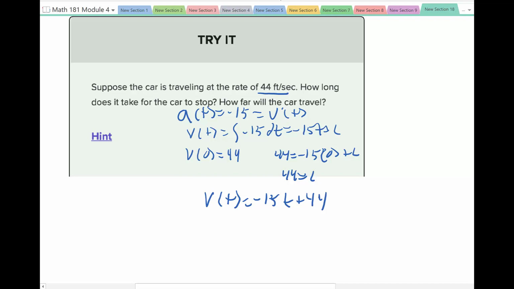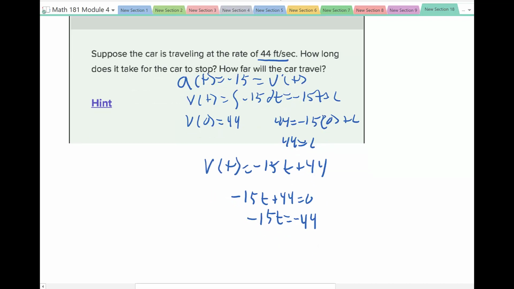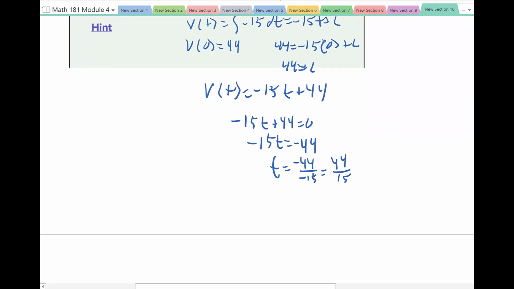Now if we're trying to find how long it takes to stop, -15t plus 44 equals 0, so -15t equals -44. t equals -44 over -15, or 44 divided by 15. Literally half as much time as the last problem.